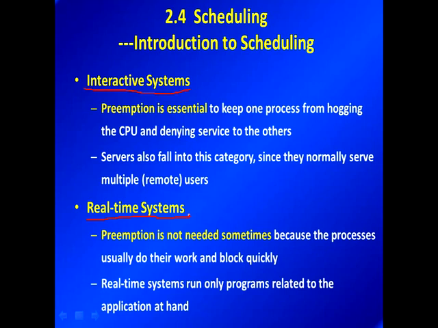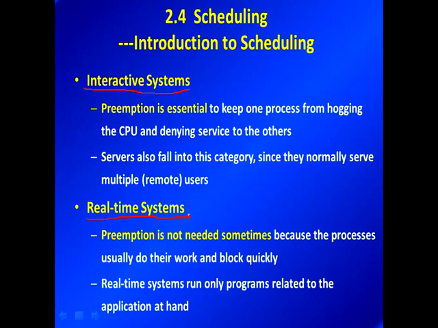But actually, in the real world, in real-time systems, a lot of processes just need to run some instructions in a very short time. After they finish their jobs, they are going to voluntarily leave the CPU. So for these cases, preemption is not needed, right?